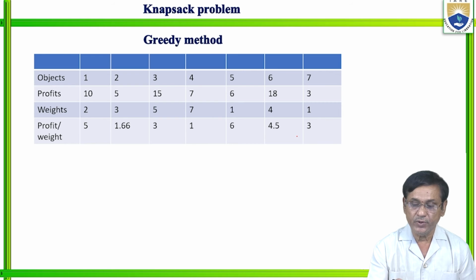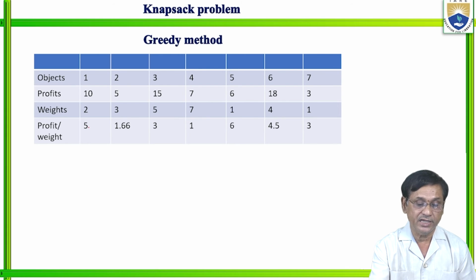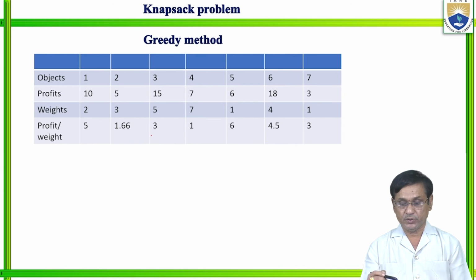So in this case, we have to consider the highest ratio items first. In this problem, the ratio is highest corresponding to the fifth object. The ratio is 6 corresponding to the fifth, and then first object, and then sixth object, and then third object. Like that we have to consider.